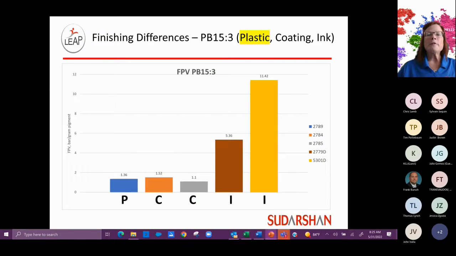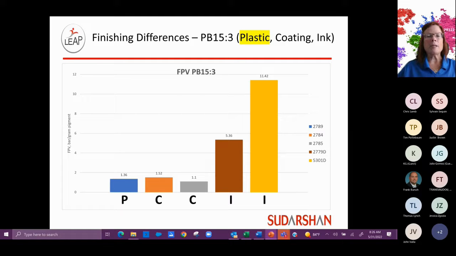From a performance perspective, here we're taking a look at these same 15-3s, and we're looking at the filter pressure value, or a measure of how dispersible these pigments are in this particular plastic matrix.